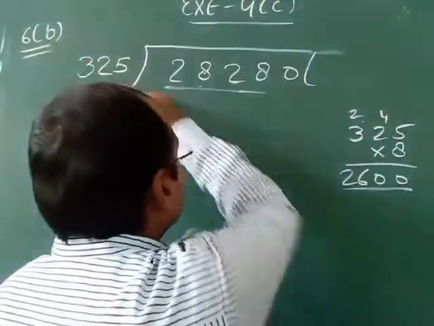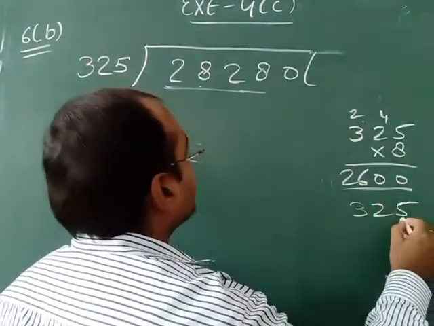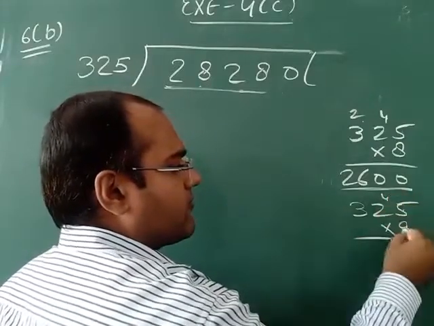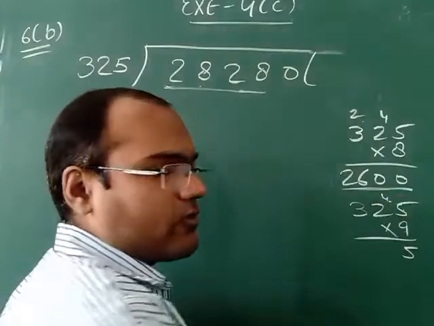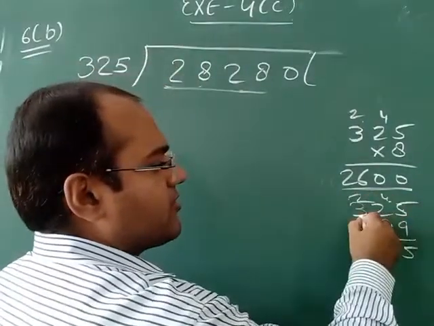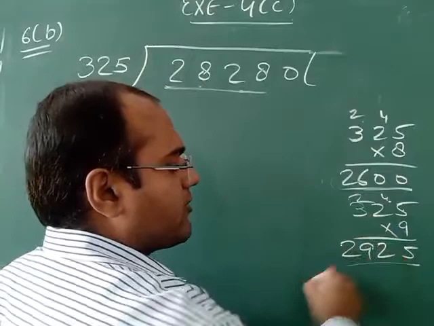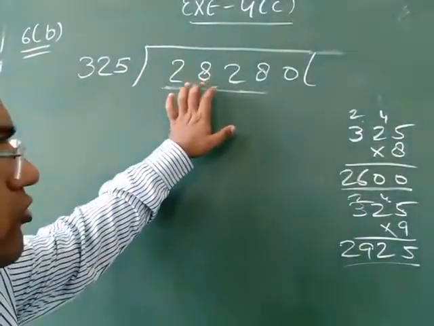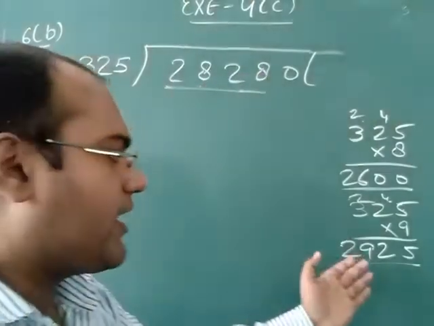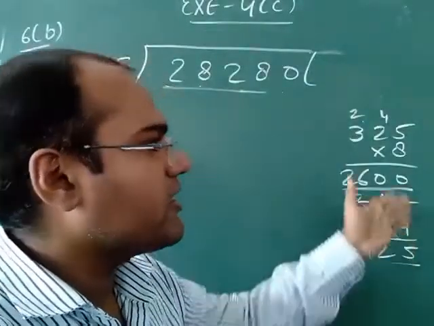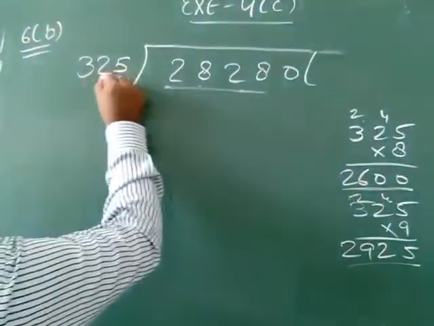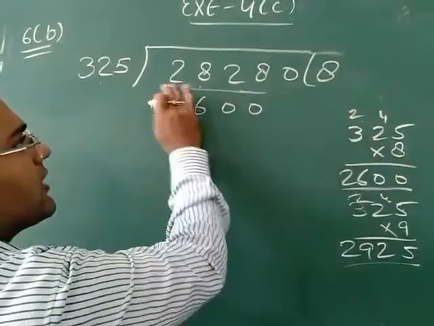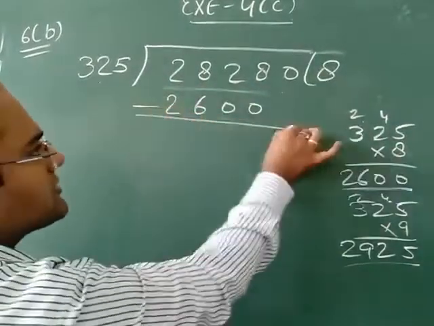If we multiply 325 by 9: 9 5 ja 45, 9 2 ja 18, 18 plus 4 22, 9 3 ja 27, 27 plus 2 29. We will get 2,925. But here it is 2,828 and we are getting 2,925, so this is greater. So which will we take? 8 times 325. What did 8 ja give? 2600. Now we will subtract these.